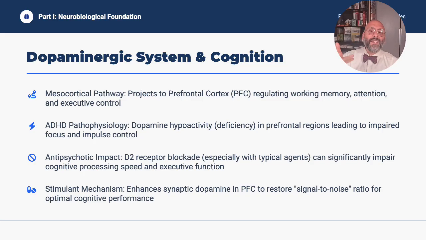So clinically, this is why stimulants can improve focus and working memory in ADHD, but also why misuse or overdosing can push patients past that optimal range and worsen anxiety and rigidity and impulsivity. Now, as we move into medications, keep this in mind. Dopamine is not good or bad, it's contextual. And our job is not to maximize it, but to place it where and when cognition actually benefits.